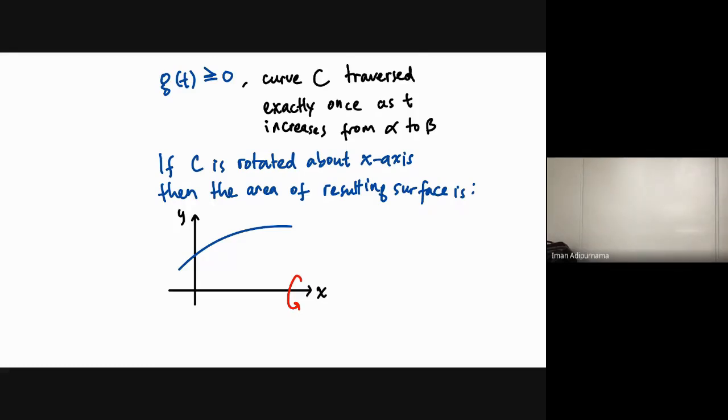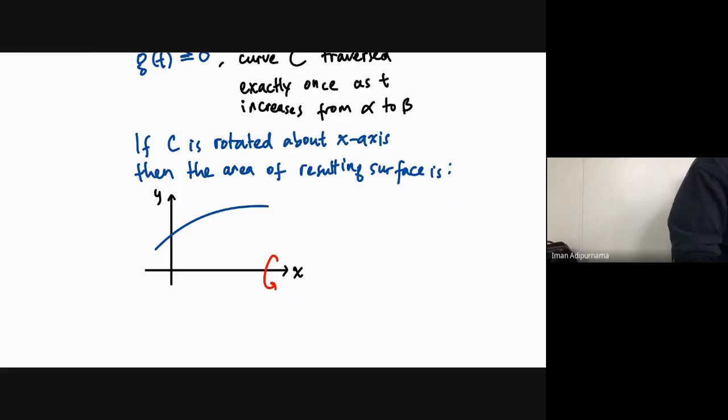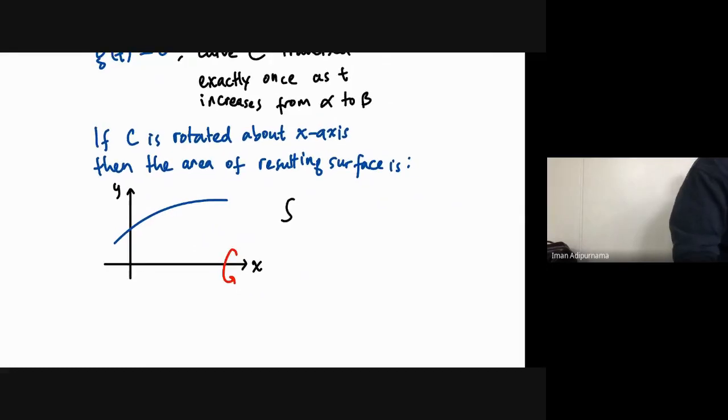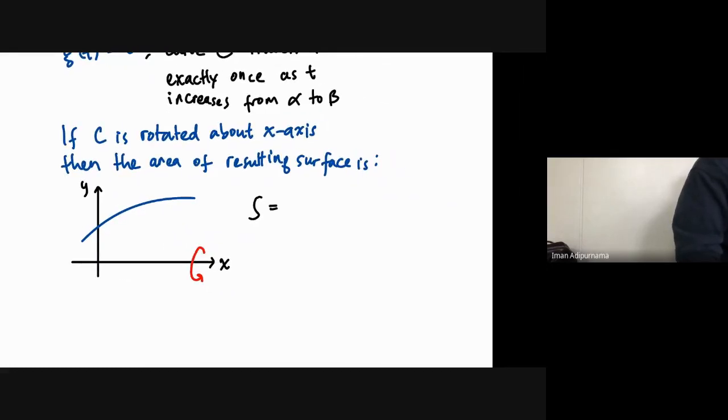So when you rotate here, you can evaluate, right? Based on what we have done in calculus 1, the resulting surface is S equal integral of 2 pi y, and then ds, or dl if you want to make it consistent.